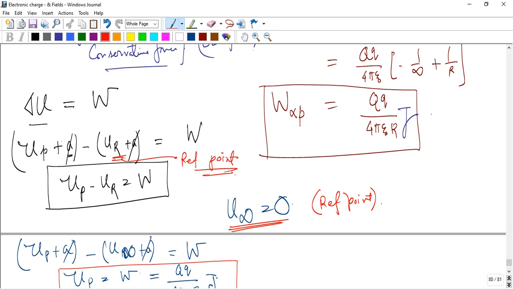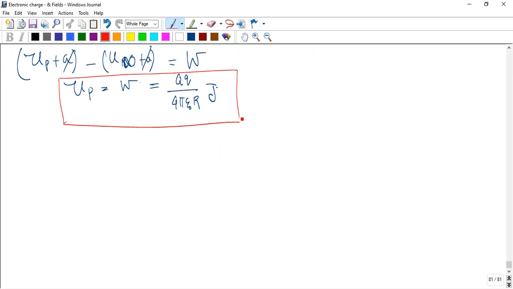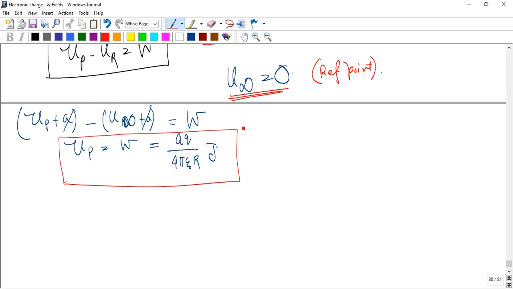So what is the potential now? Suppose there is a definition, say the electrostatic potential energy. Next we discuss what is the potential.